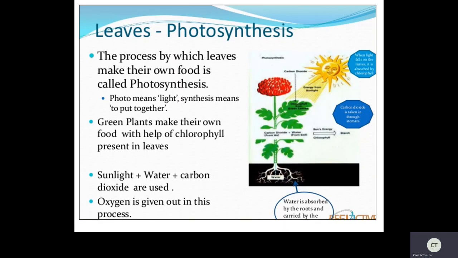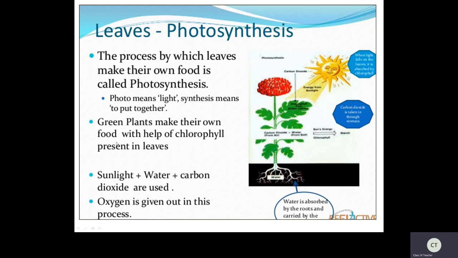Yes, now see here. The process by which leaves make their own food is called photosynthesis. Photo means light, synthesis means to put together, it is a process of preparation, right? Yes, production.